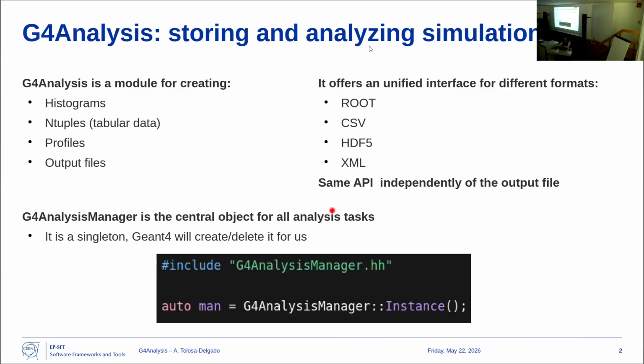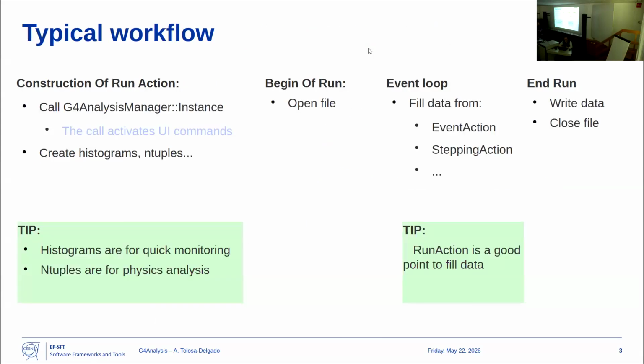The central object for G4Analysis is the so-called G4AnalysisManager, and it's just a singleton. So Geant4 will take care of creating and deleting it, and wherever you need it, you have to call G4AnalysisManager::Instance and then you will be able to access it. The typical workflow would be to call it the first time in the run action.